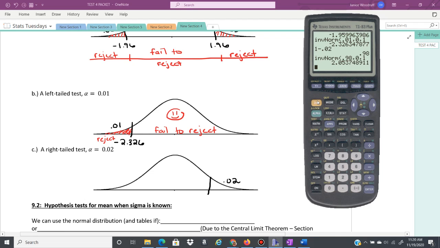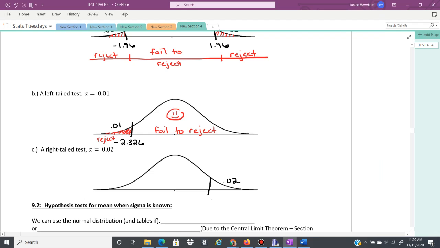I could alternatively also do just 0.02, know that it's on the right, and make the critical value positive, because it's just the opposite value there. So you have both of those options. So this is a positive 2.054. Which means if I get a critical value that is greater than 2.054, I will reject. And less, I will fail to reject.